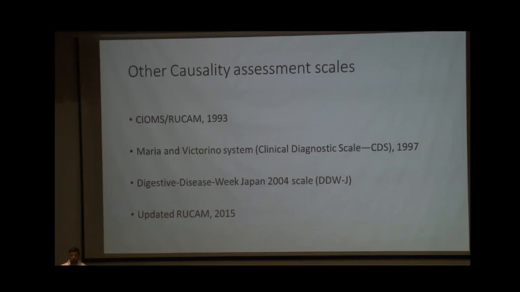Other causality assessment scales are RUCAM, which was already discussed, developed in 1993, and the Maria and Victorino system, which was developed in 1997. The Digestive Disease Week Japan score, they also developed a causality assessment method in 2004, and the updated RUCAM was in 2015. Now the RECAM score has been developed in 2022, but it has only a 200 sample size.